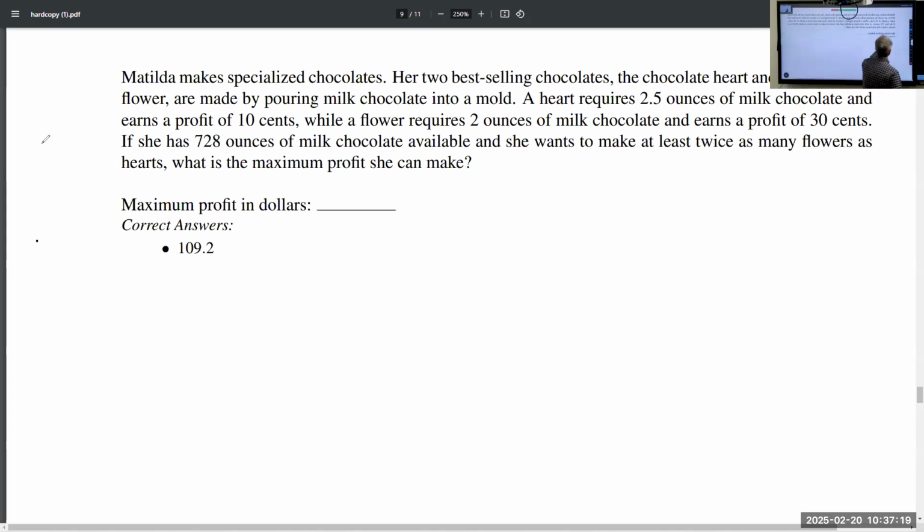Okay, so we want to maximize profit somehow. For Heart, we make 10 cents. And for the Flower, we make 30 cents. We want to maximize that function.